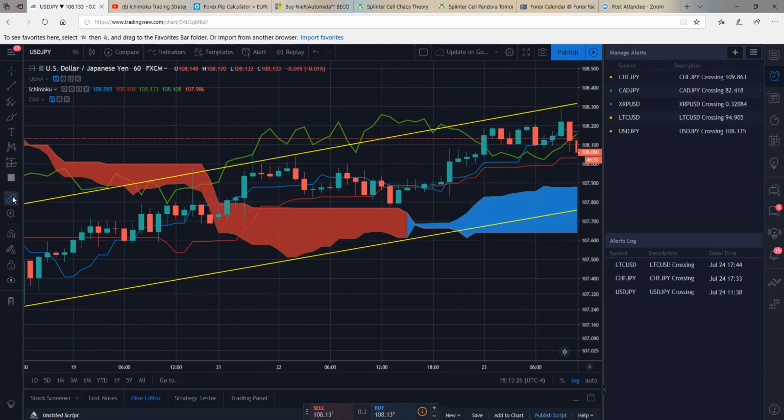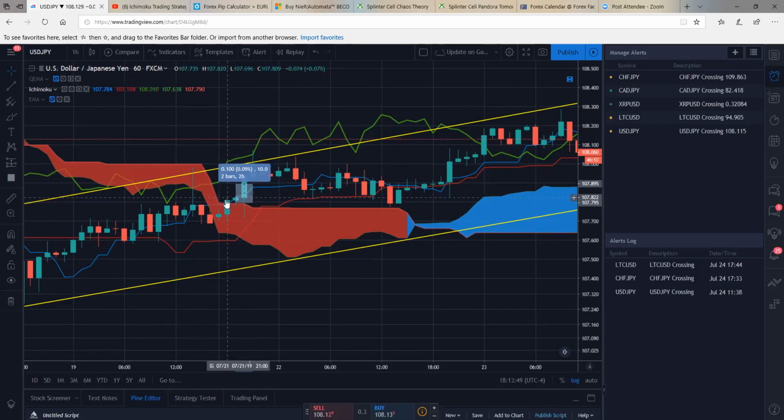So I have clicked on this ruler right here, and I am going to measure from the top of this red cloud until I get to 10 pips on my screen. You can call it pips or points, it doesn't matter. And right here, we have achieved our 10.